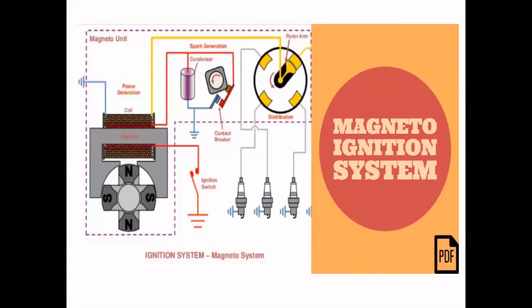Now, once we have seen the advantages and the disadvantages, let us see where this kind of system is used. Generally, the magneto ignition system is used in two-wheeler spark ignition engines.